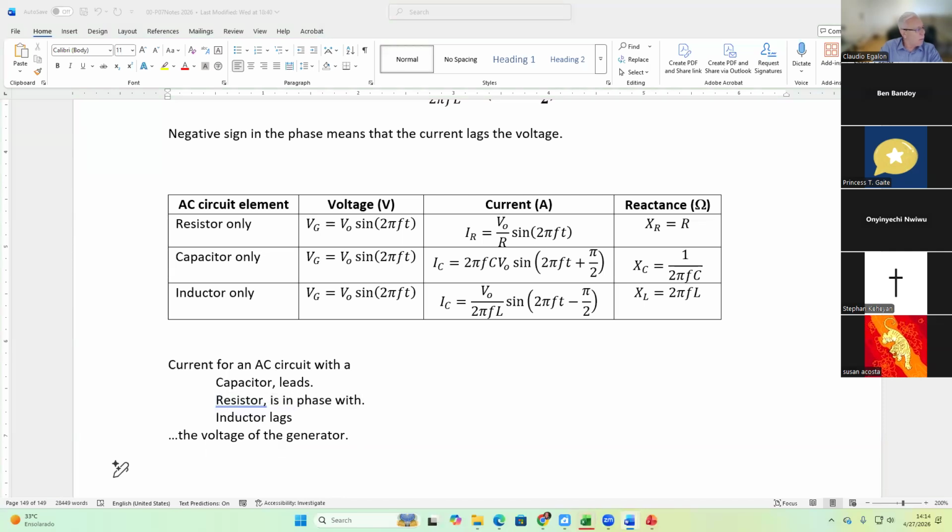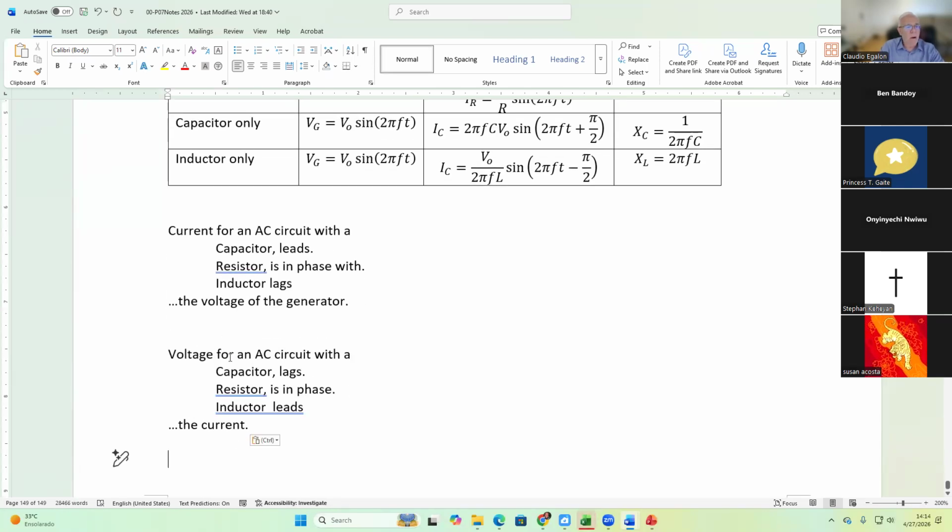What becomes a little bit more difficult is we can also say it the other way. Instead of saying that the current leads, is in phase, and lags the generator, we can go the other way, taking the reference with respect to the current.